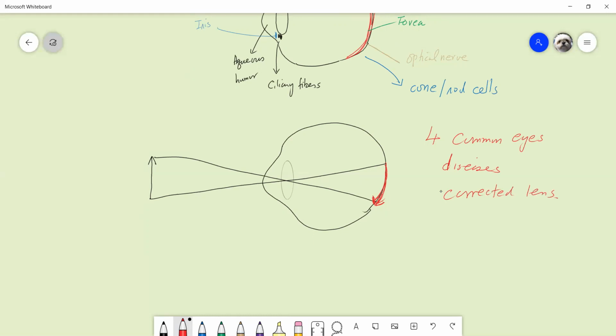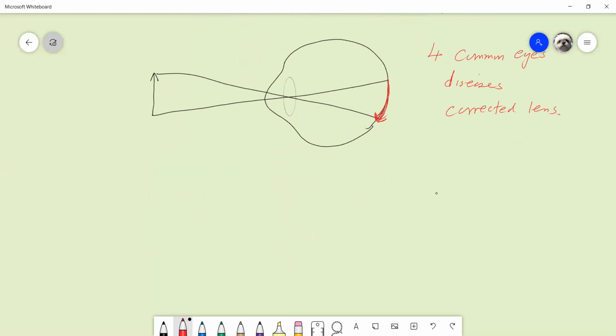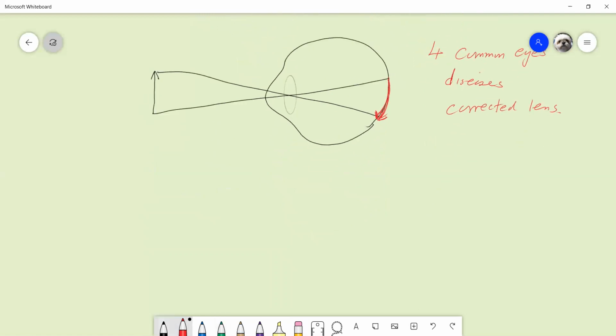Now the first thing we call myopia. Very common, particularly with all these devices, your smartphone, your tablets. If you're watching at close distance for a long time, you're going to strain your eye. You know what strain means, right? You make your eye tired.